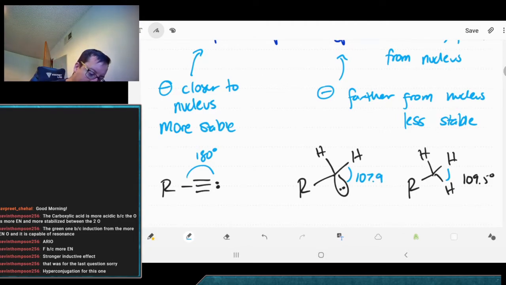Those are actually going to be in between the hydrogens. So we're actually going to have a larger angle, maybe this will be about 111 degrees or so. Something like that. Between the lone pair and the hydrogen versus the hydrogen-hydrogen bond angle there.